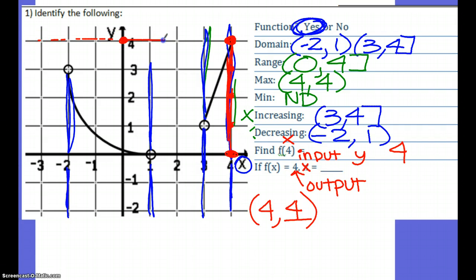We're going to go 1, 2, 3, 4 squares to the right. And so that's positive 4, which makes sense because we already had x, y as 4 and 4. So if we have a y value of 4, the x value also must be 4, because that's what we had in the problem before.